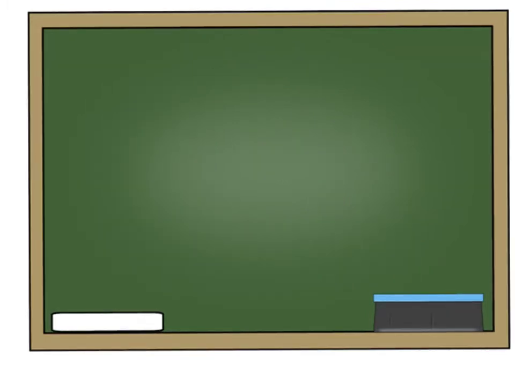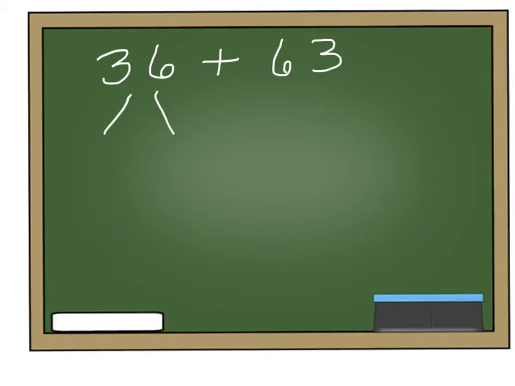Let's try another one. Let's try 36 plus 63. First of all, we need to pull the number apart, don't we? 36 can break into 30 plus 6.